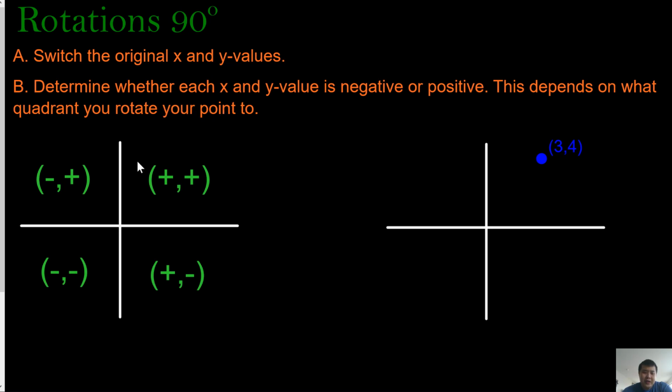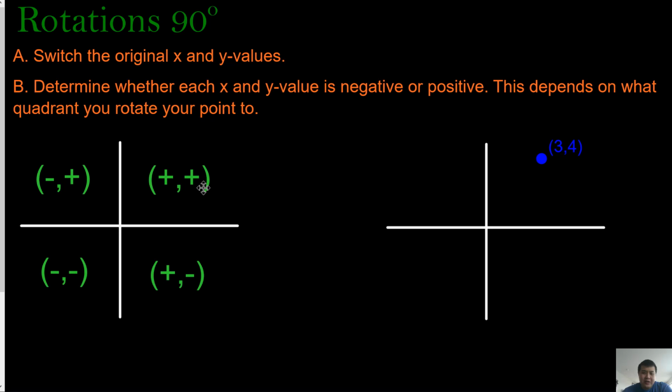So let's say we start off in quadrant 1 and we want to rotate our image 90 degrees clockwise. That would end up in quadrant 4, and everything in quadrant 4 has a positive x coordinate and a negative y coordinate. As you can see, it goes to the right of the origin and downwards.